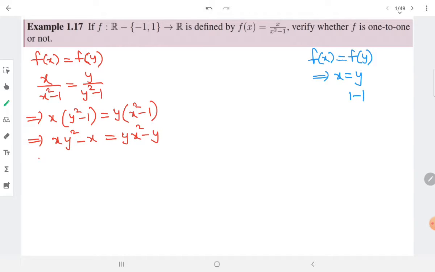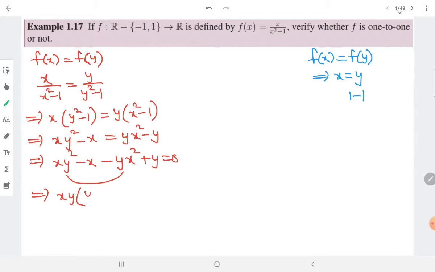Now bring these two terms to the left hand side, so you get xy² − x − yx² + y = 0. Now from these two terms, let's take xy as common.